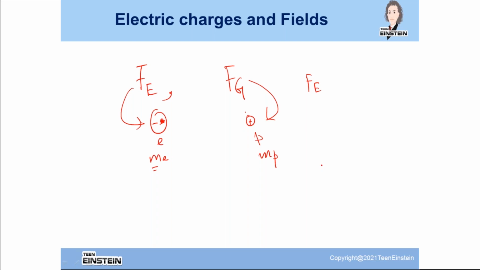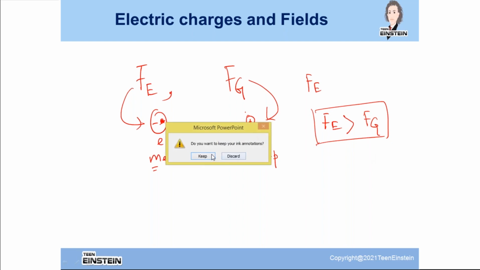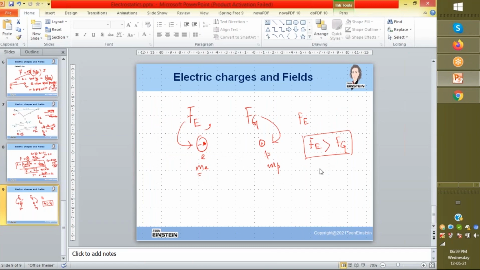We will see in your book there is a very nice example. You can even do it by yourself also. Sometimes they will ask you to find the ratio between electric force and gravitational force. That is one question, in exams generally they ask.